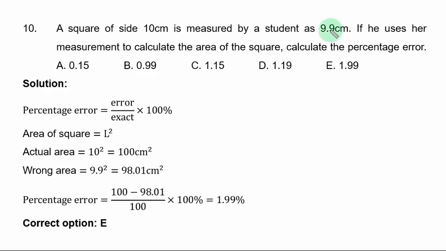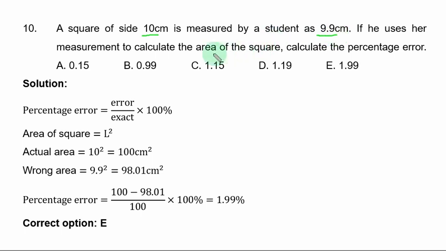Question 10. A square of side 10 cm is measured by a student as 9.9 cm. If he uses her measurement to calculate the area of the square, calculate the percentage error.